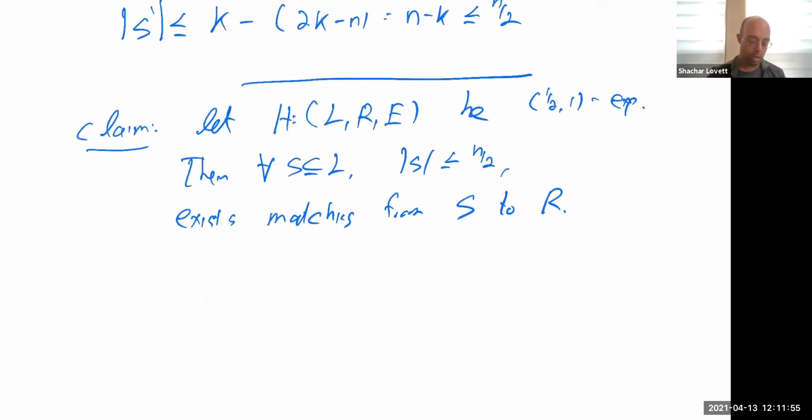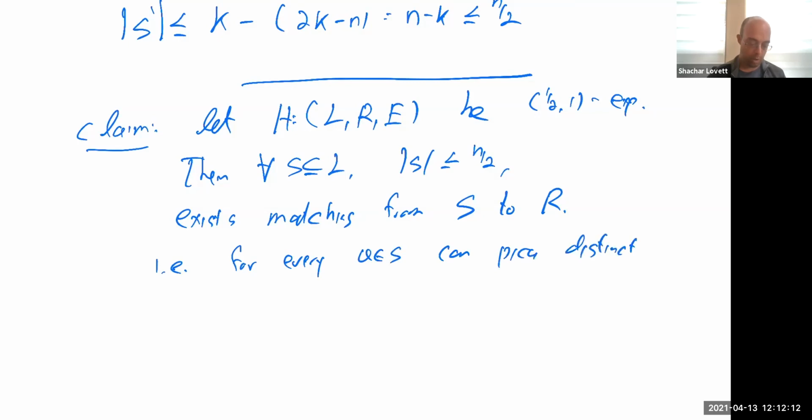What does it mean? I.e., for every node v in S, we can pick a distinct neighbor.